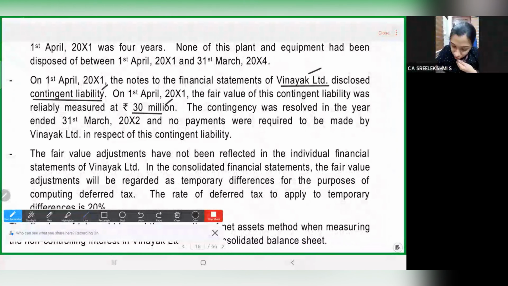You take over the contingent liability and record it at its fair value at every reporting date. If there is a gain or loss in the difference, that difference should be transferred to P&L, which means here, for the contingent liability of 30 million, it's a loss.